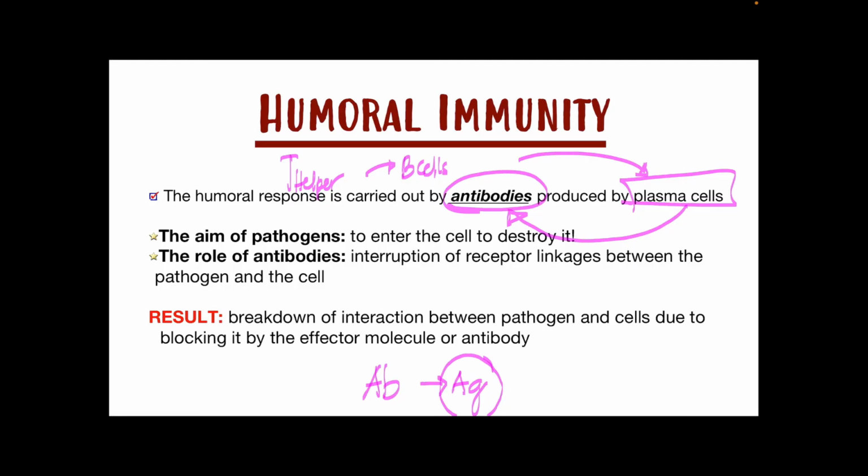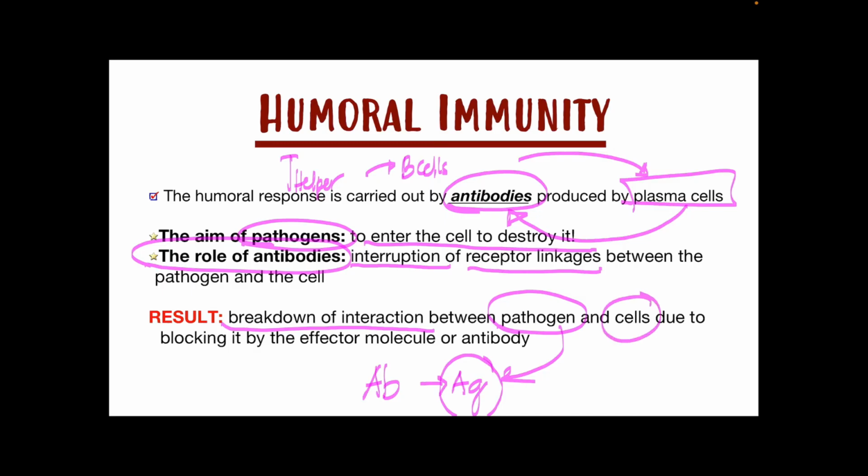Remember, the aim of pathogens or antigens is to enter the cell and destroy it. That's where the antibodies come into the picture, by interrupting the receptor linkage between the pathogen and the cell. The result will be the breakdown of interaction between the pathogen or antigen and the cells.